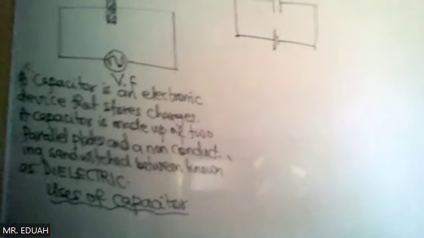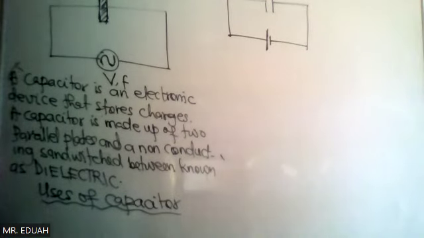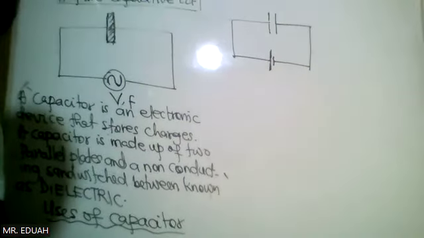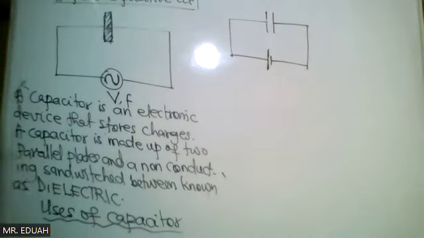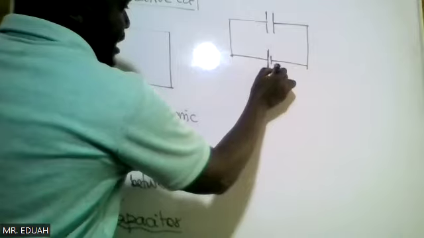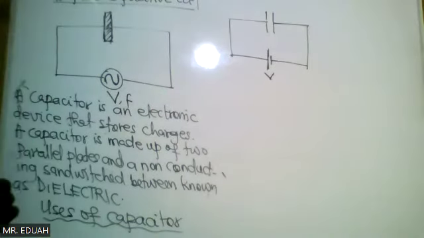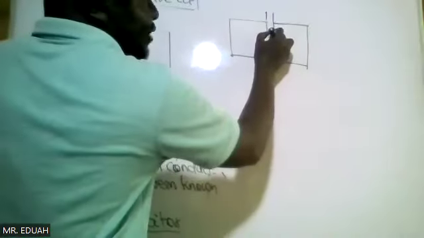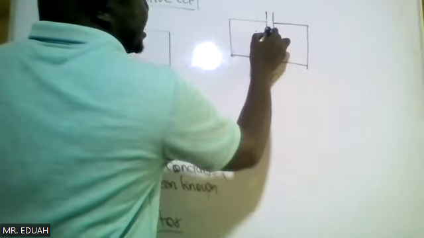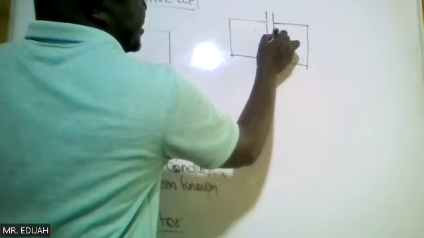When you connect a DC source, a battery, to a capacitor, this is the EMF of the battery. We have here the voltage drop across the capacitor, VC.